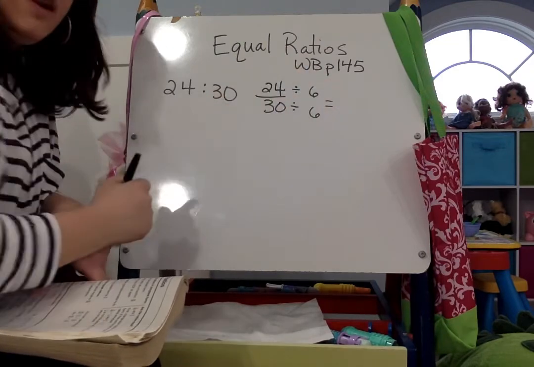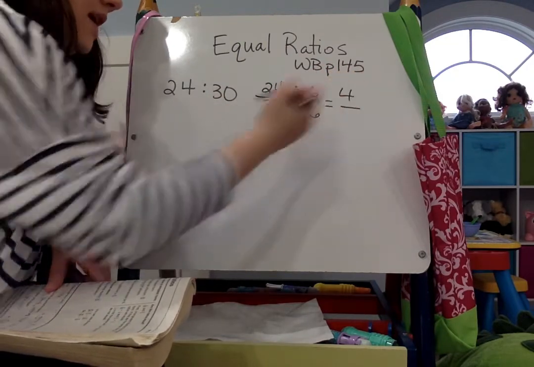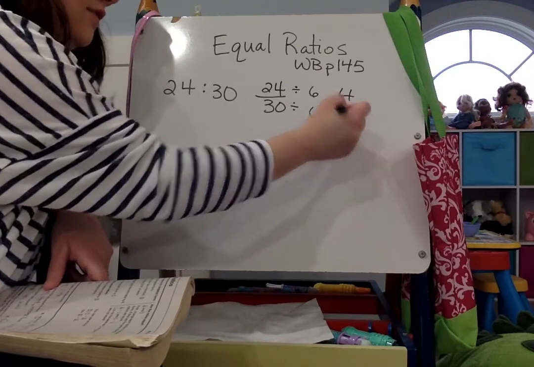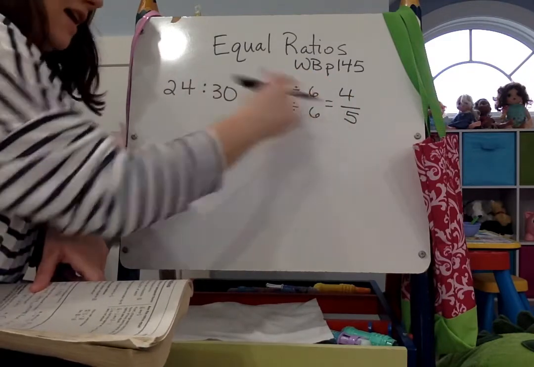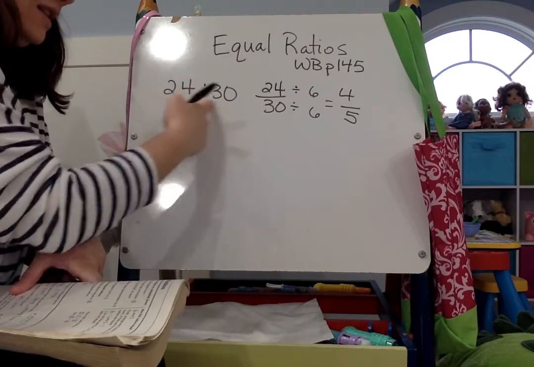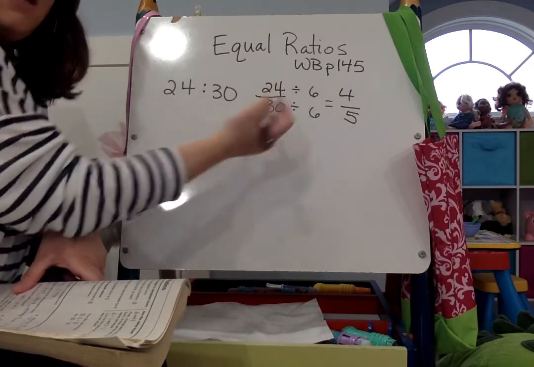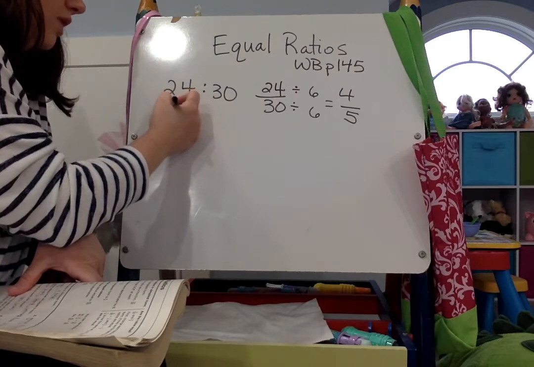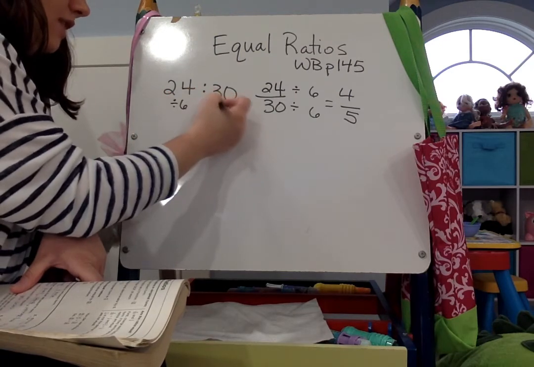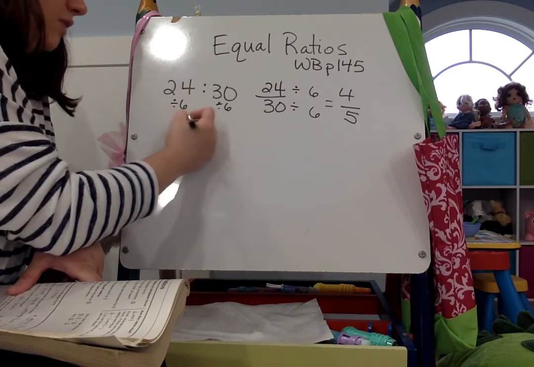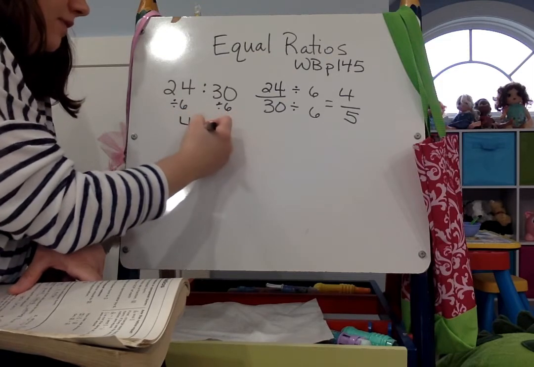So 24 divided by 6 would be 4, and 30 divided by 6 is 5, and that would be the simplified fraction. We'll do the same exact thing here, even though this is written with a colon in ratio form. It's the same process, it just looks different. So 24 divided by 6, 30 divided by 6, and so your simplified numbers would be 4 to 5, okay?